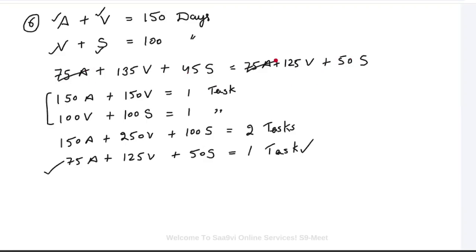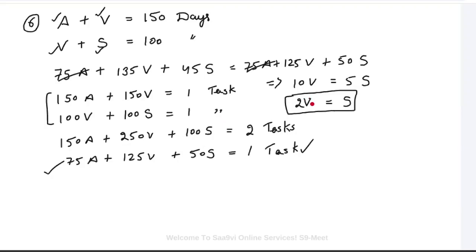Now 75A gets cancelled with 75A. We are left with 10V, that is equal to 5S. That means twice of V is equal to S. That means S is equivalent to 2V units.